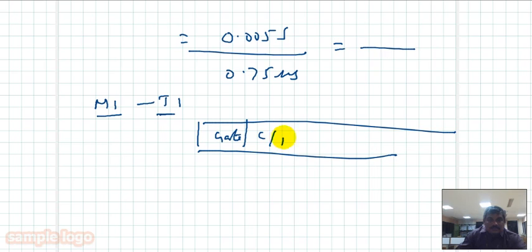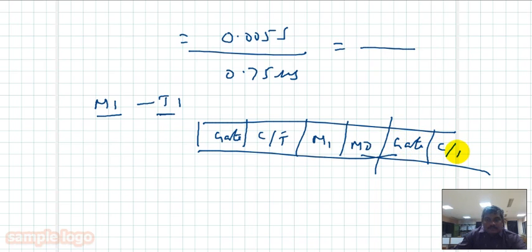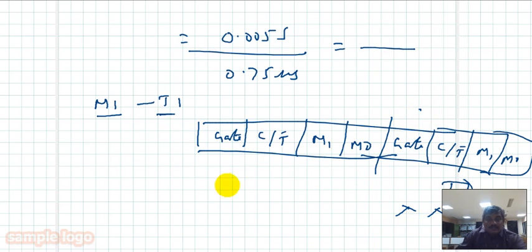Again, the upper nibble is GATE, C bar T, M1, M0, and the lower nibble GATE, C bar T, M1, M0 is for timer 0. These 4 bits are don't care. Gate is 0, timer mode 1.